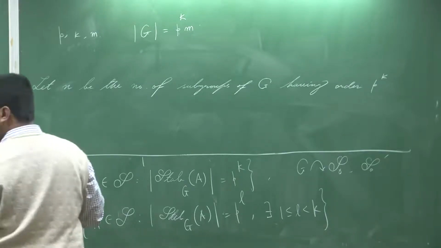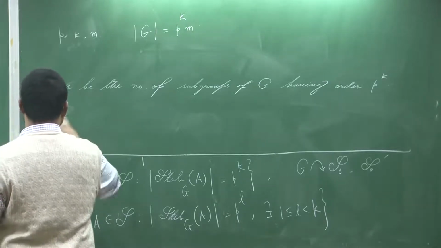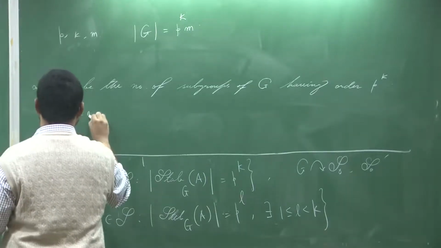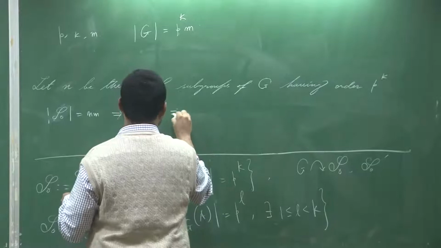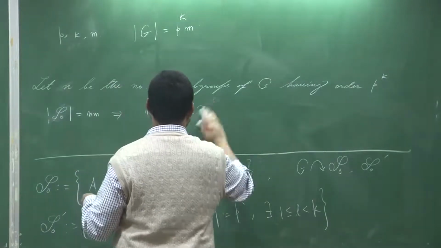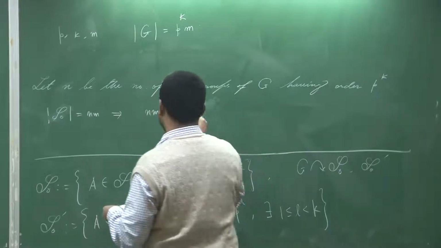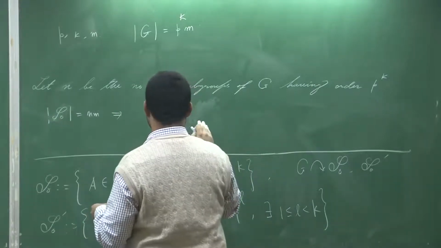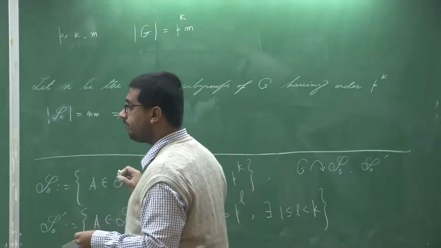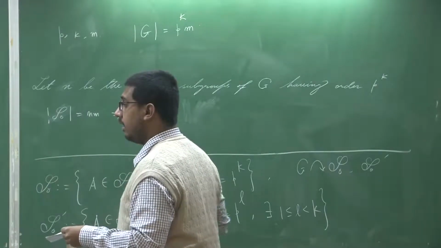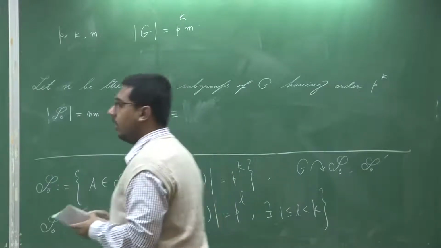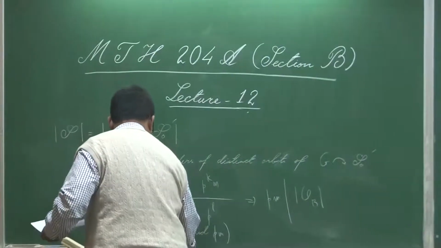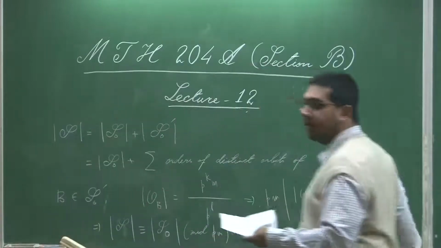So, thus what we obtain is that the size of S naught is n times m, which implies that nm is congruent to the size of S naught. Sorry, here I made a mistake, thank you.